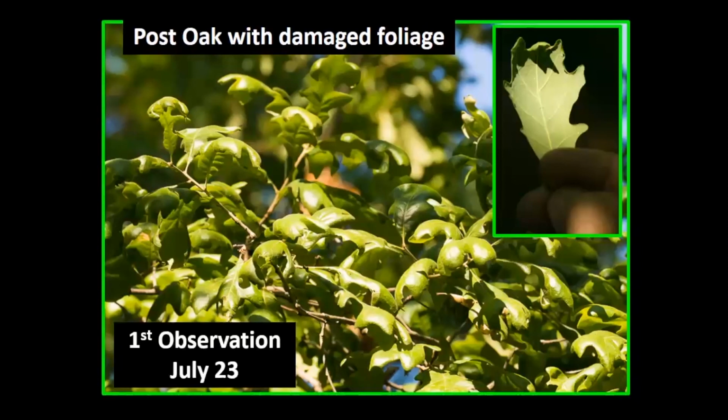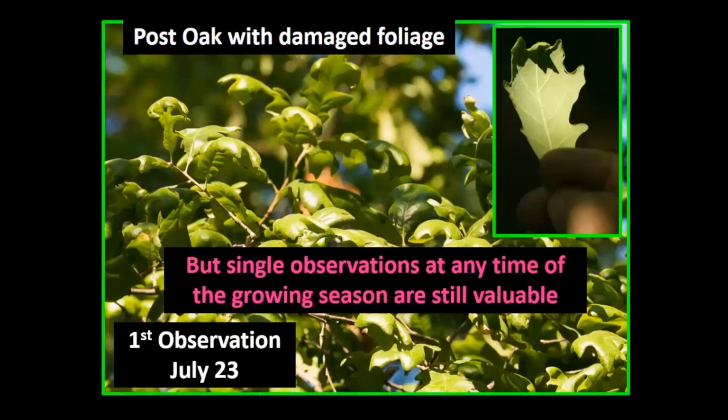This tells us, even though we're making this observation in July, that if all the leaves look similar, which they do here, these symptoms probably developed during leaf out early in the growing season. So we can learn a lot even from observations that are done later in the season.